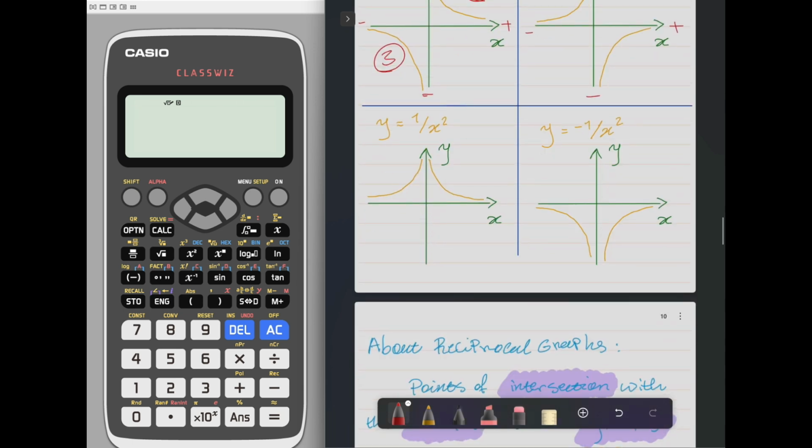As for y is equal to 1 over x squared, guys, as long as x is a real number, x squared is going to be greater than or equal to 0, right? So we know that while x is a non-zero variable, then x squared is always positive.